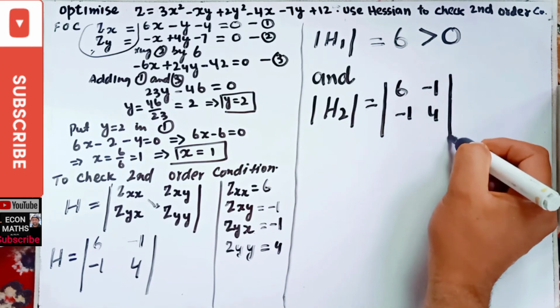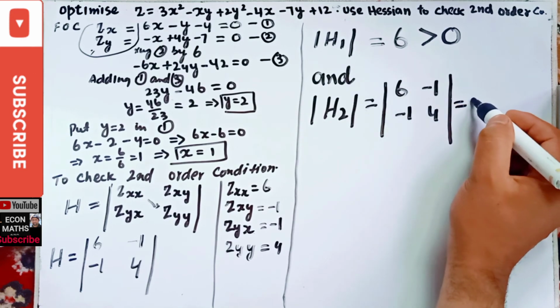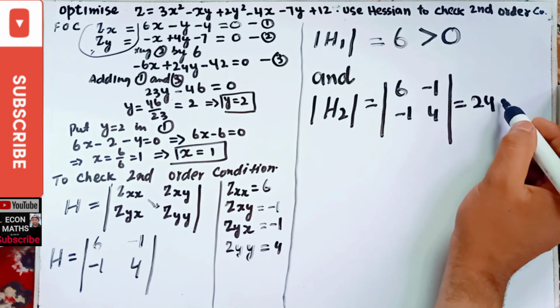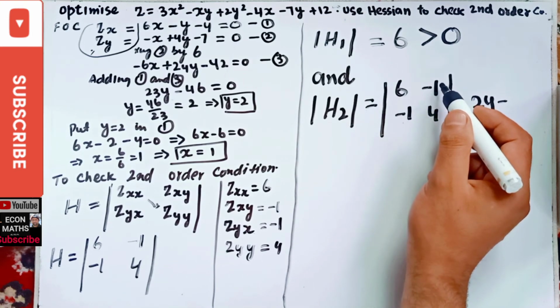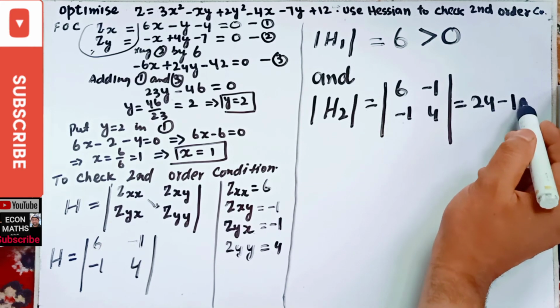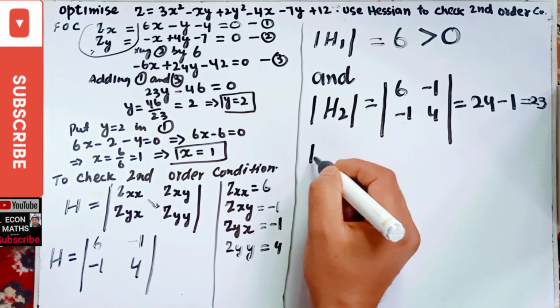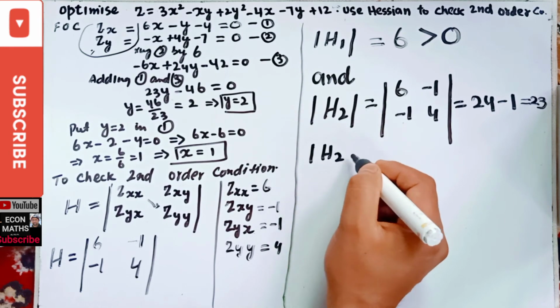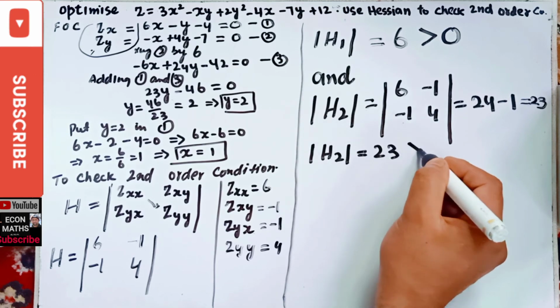Now solving this, which is equal to, now 6 4s are 24, minus 1 1s are 1, minus 1 into minus 1 is plus 1. So it is here 1. Now 24 minus 1 is 23. So our H2 is equal to 23, which is also greater than 0.